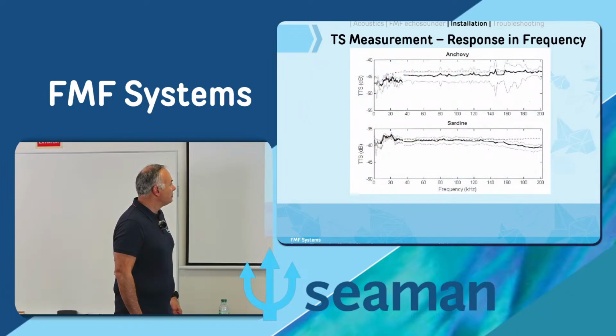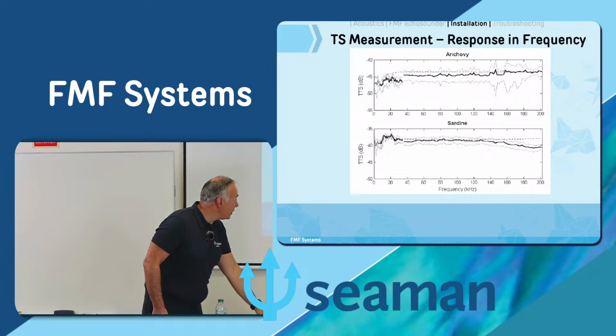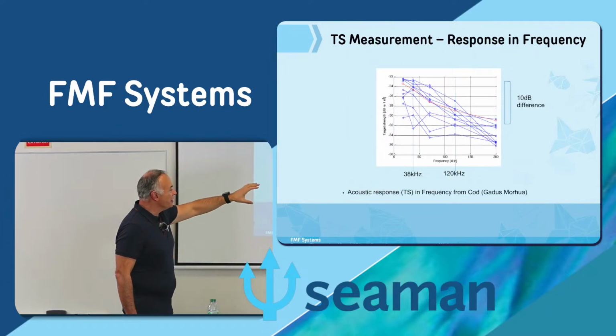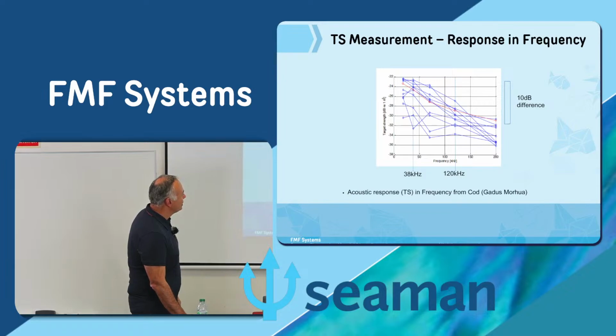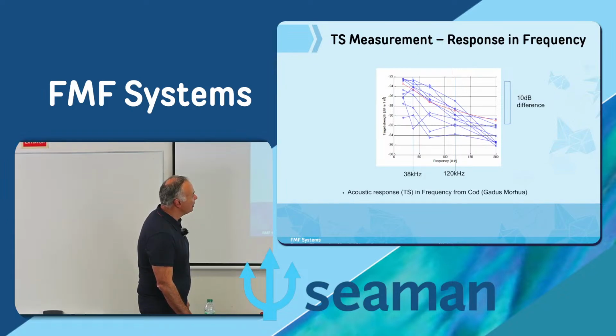You see here the response in frequency of the anchovy and the sardine. I brought it because we compare it. This one is the response in sound of the cod. You see, in low frequencies, the cod will respond high, and as the frequency increases, the cod response in sound will diminish.